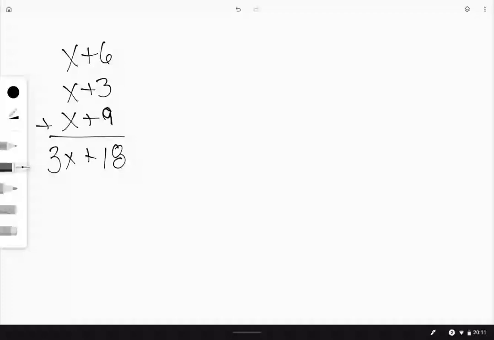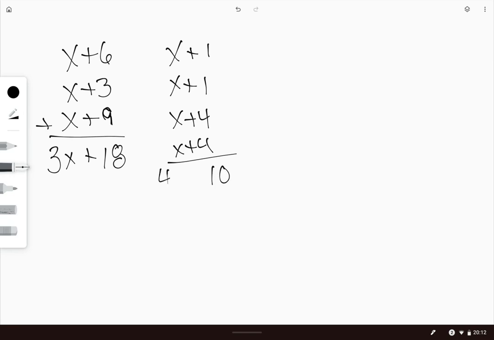Now, the parallelogram had x plus 1 and x plus 4. And if you remember, the opposite sides of a parallelogram are congruent. So we have x plus 1, x plus 1, x plus 4, and x plus 4. So when I add all these up, I have 10 and 4x.